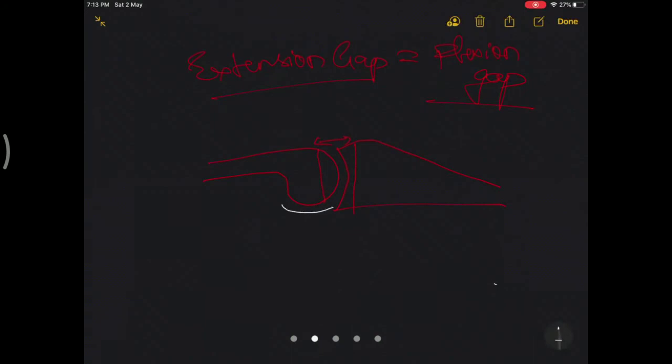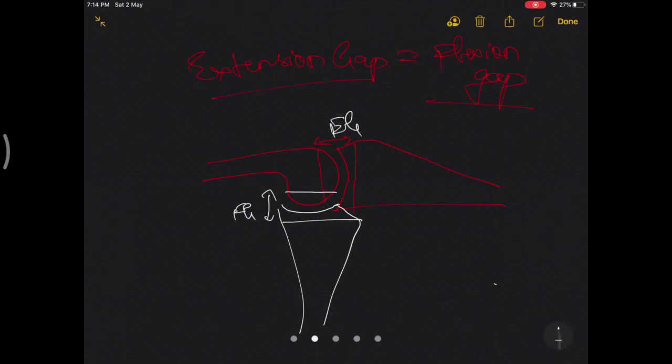Then when you flex it, you will cut the posterior condyle, and this distance is the flexion gap. This is an extension gap. Your aim is to balance these two so that when the tibia flexes or extends, there is a smooth gliding, a smooth rolling of the articulation between femur and tibia.